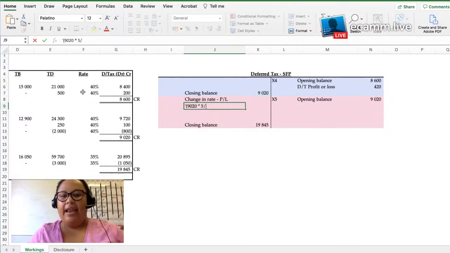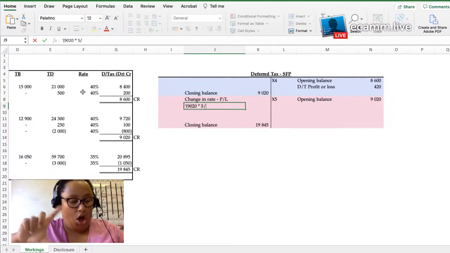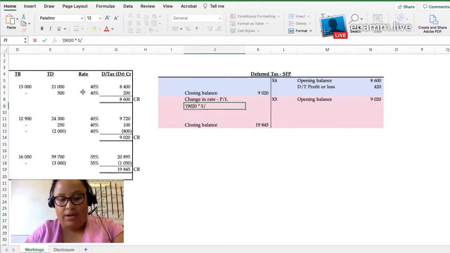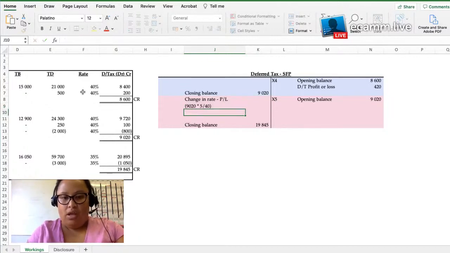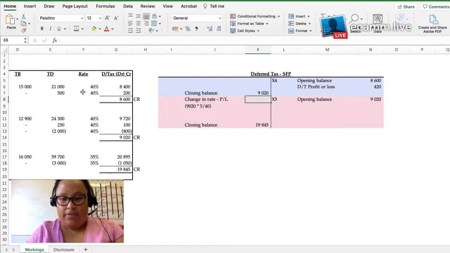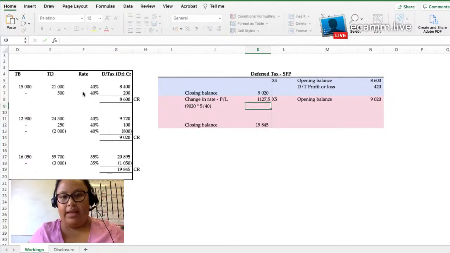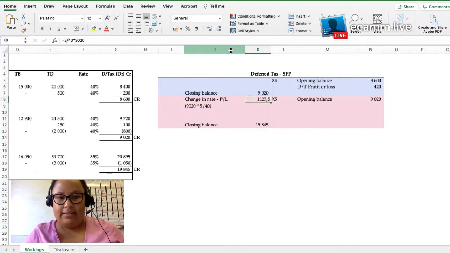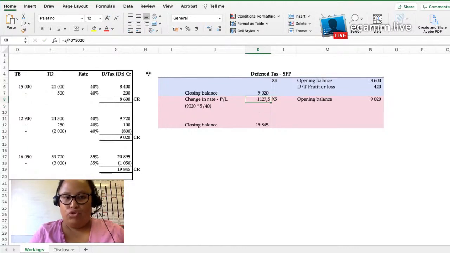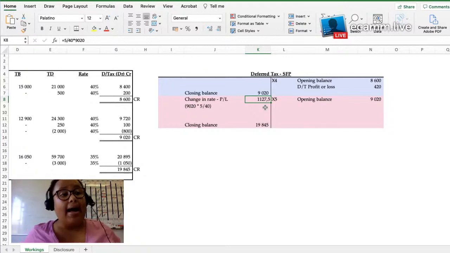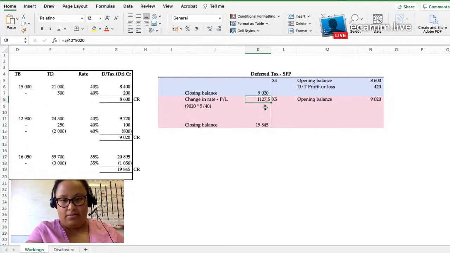And I'm going to divide it by the old tax rate, which was 40. That's just a little working over there. So it's going to be 5 divided by 40 times 9020. The movement in my tax is 1125. In there, it's actually 1128. If you round it, they've rounded it to 1127. But I'll just leave it like this so you can see the comma space.